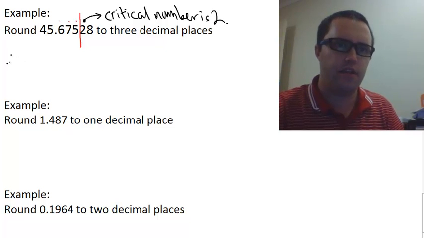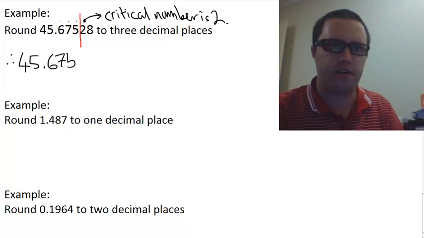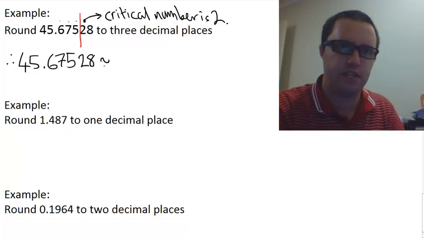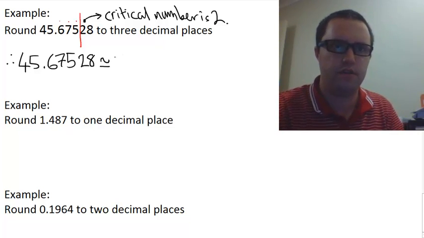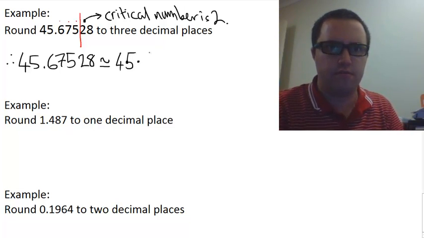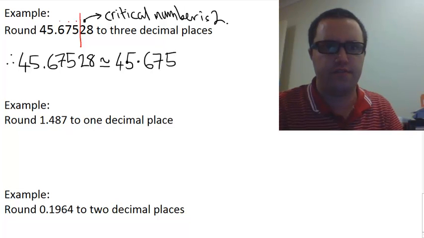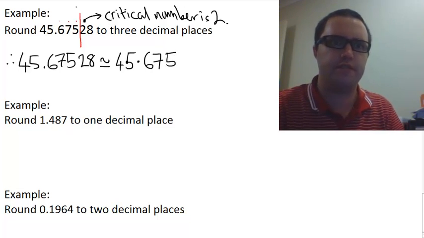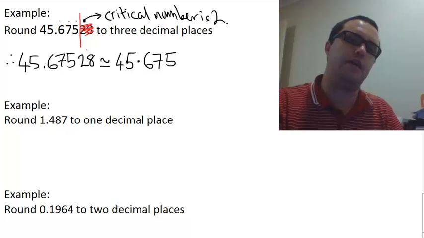Therefore, 45.67528 is approximately equal to, that's what that little sign means, 45.675. So essentially what we're saying is this 28 here doesn't even matter. It's insignificant in comparison with the rest of it.